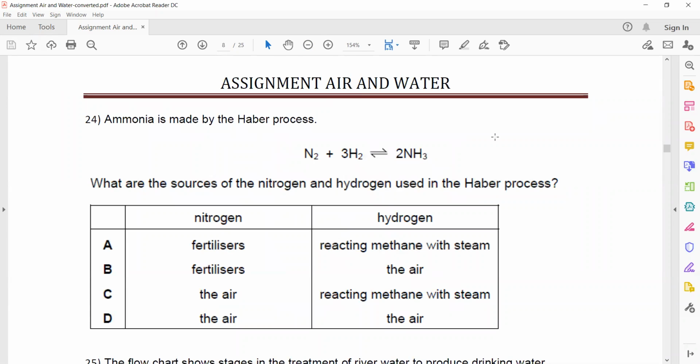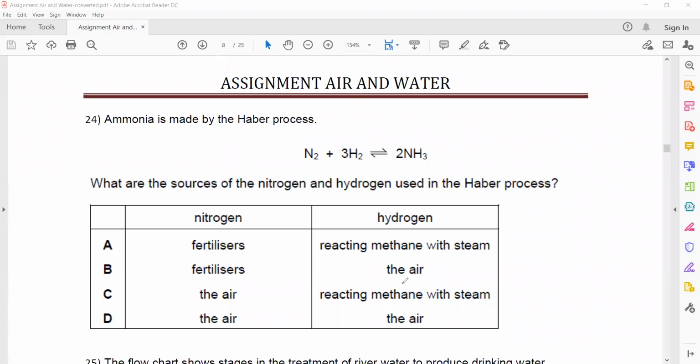Question 24. From where do we get nitrogen?